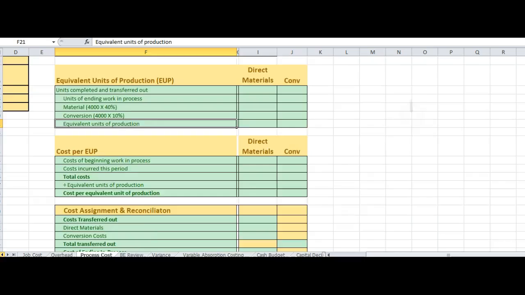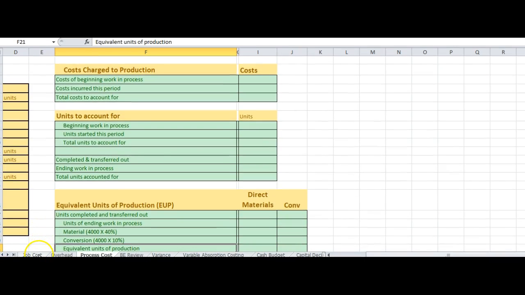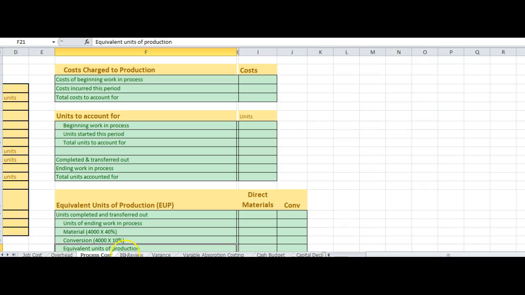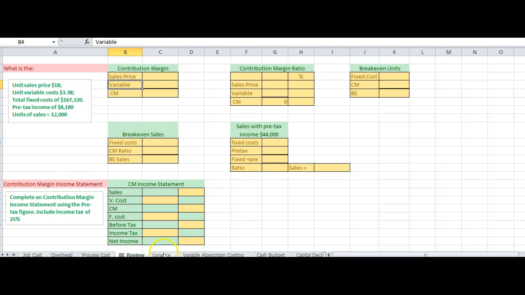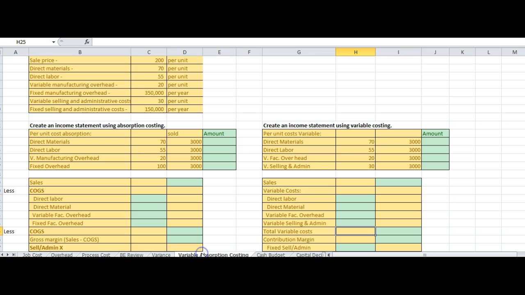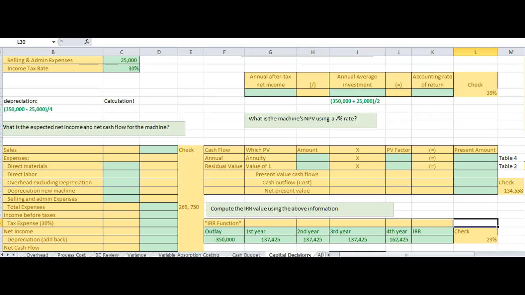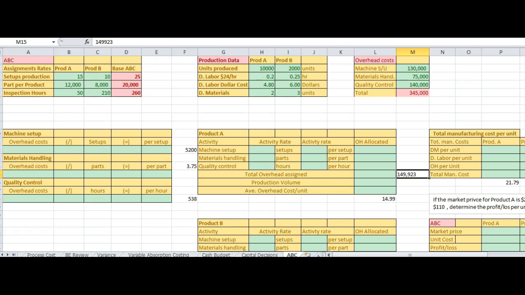So I'm hoping this helps a little bit. So you'll do job cost, you'll do the overhead, you'll do process cost, you'll do break evens, you'll do variances, you'll do variable and absorption costing, cash budgeting, capital decisions using present values, and then activity-based costing, or ABC.